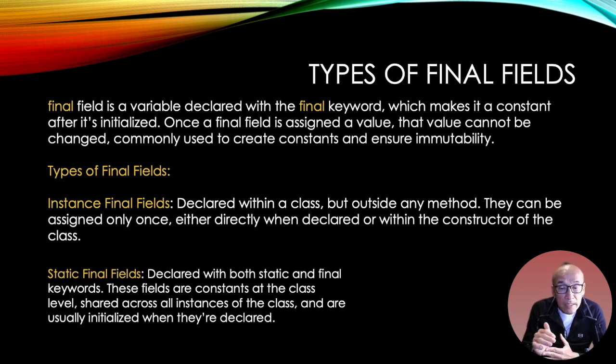All right, a final field is a field that cannot be changed once it's been instantiated. Once it's been initialized, that's it. That's the value that it gets for its whole lifetime. They're declared within the class, but outside of any method. They can only be assigned once, either directly or indirectly, and I'll show you that. They can be declared with both static and final keywords.